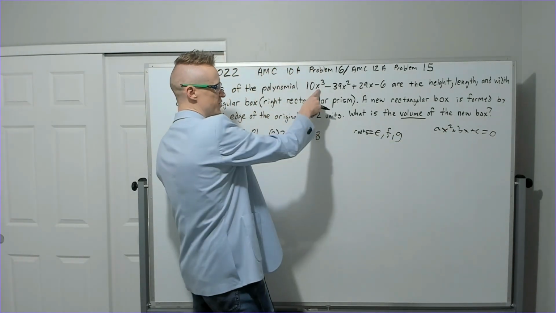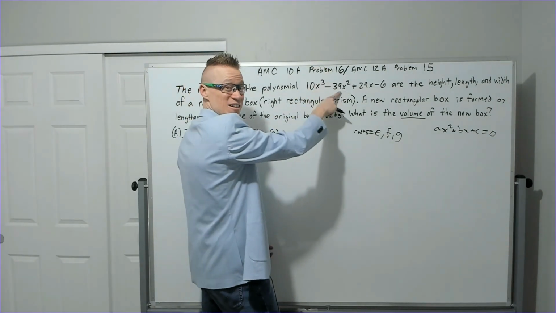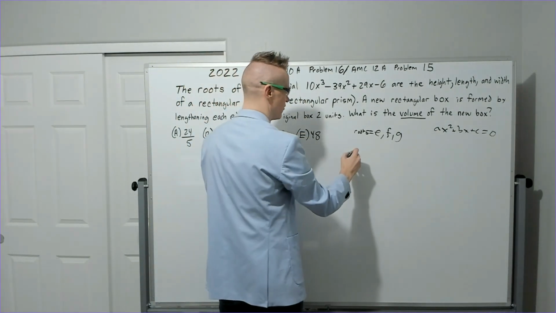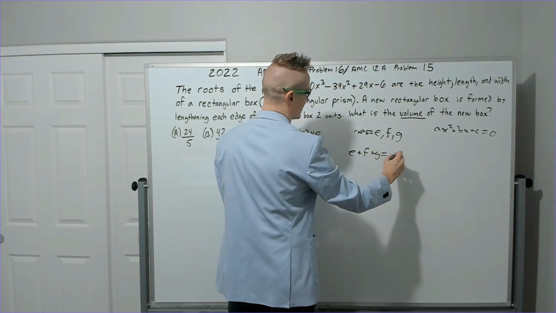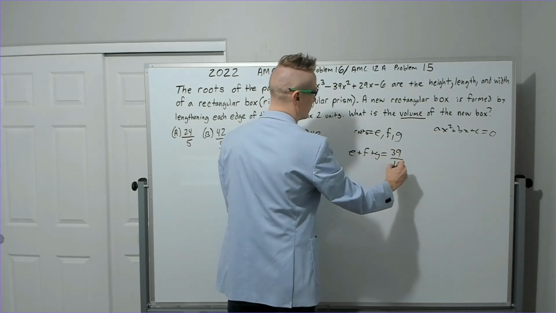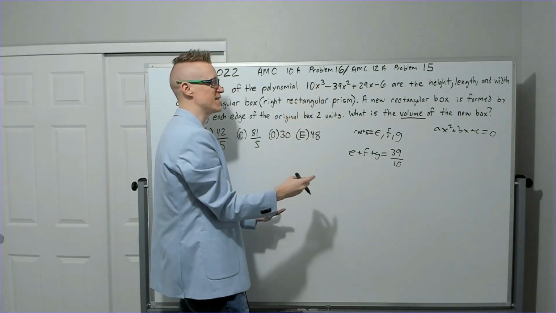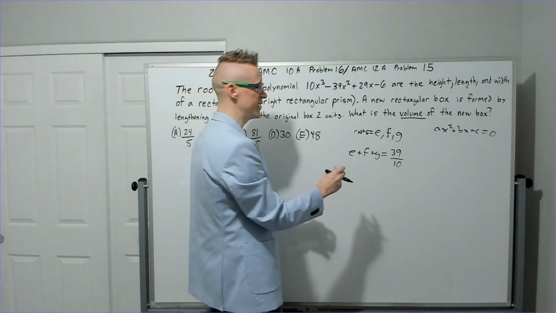But as we move to cubics, it's going to still stay negative second coefficient over leading coefficient for the sum. So for instance, we know that e plus f plus g is equal to 39 over 10 because that's the negative second over first, which is how you want to memorize it. Don't memorize the letters because if they switch the letters on, you're going to get confused.